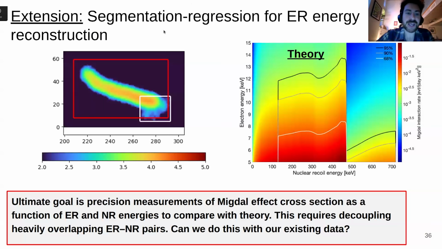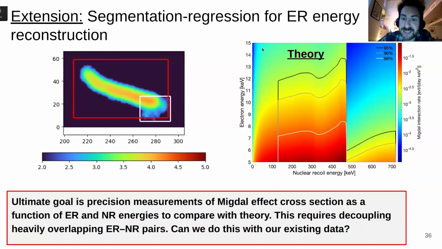It's all fine and good if you can identify the Migdal effect, but ultimately our goal is to validate that theoretical cross-section distribution. That was the image I showed at the very start of the slides, where theory predicts Migdal production rates as a function of both nuclear and electron recoil energy.